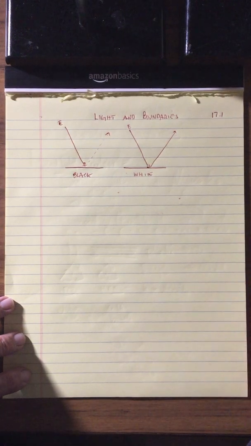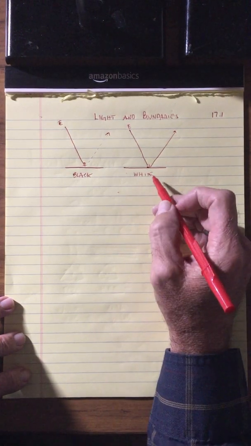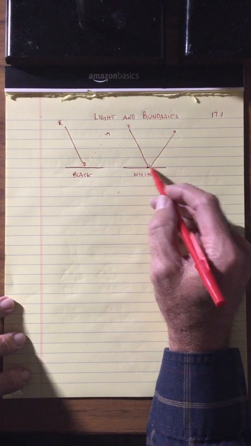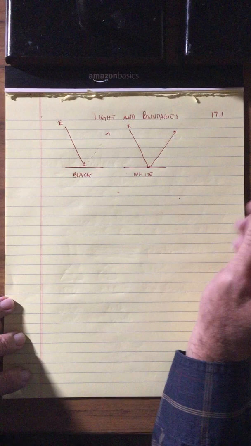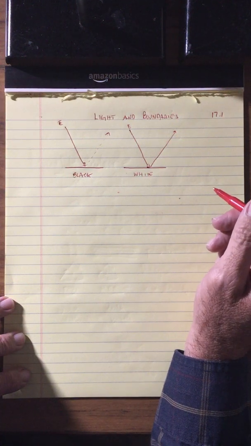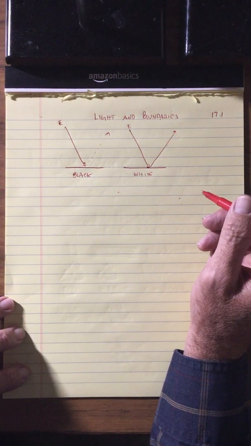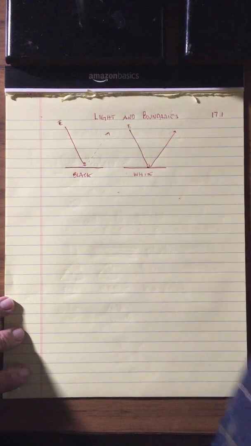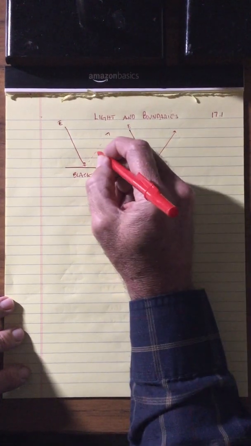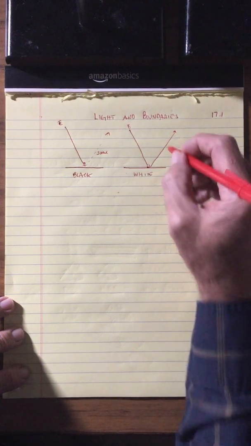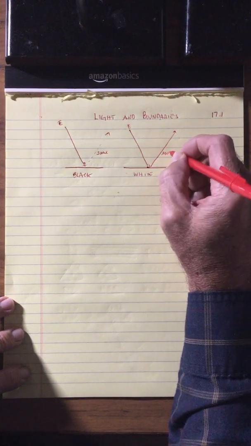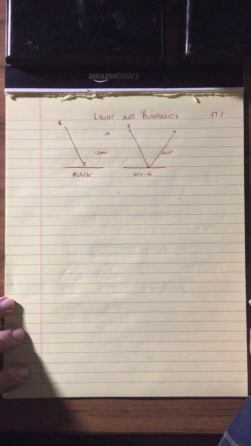And the answer is no. The reason why is because there are still molecules inside this white surface, be it a whiteboard or a white shirt, and those molecules can still absorb some of the energy. Most of it, yes, is reflected. So we've got some that is going to be reflected back with the black surface. We have most of that light that's going to be reflected.